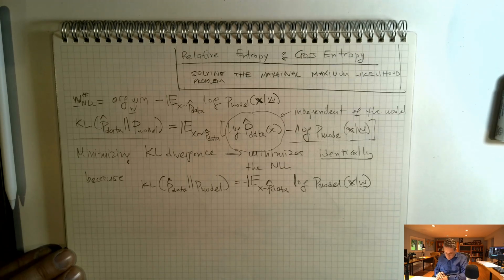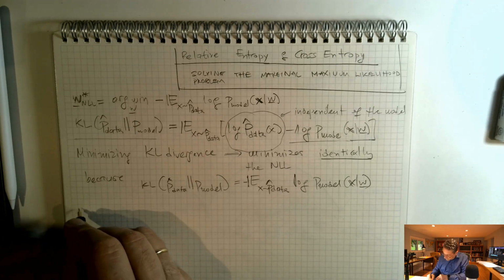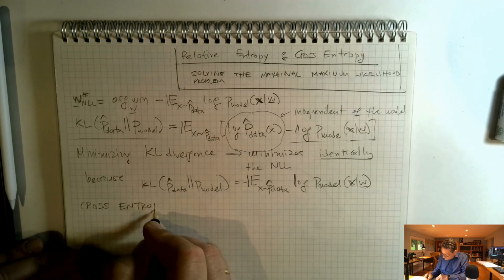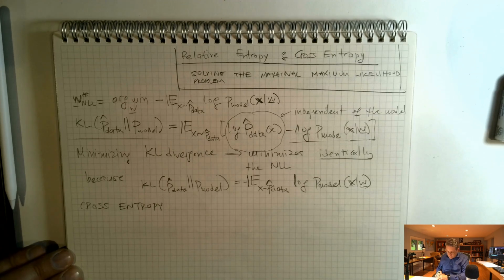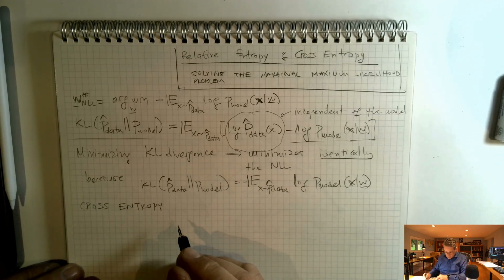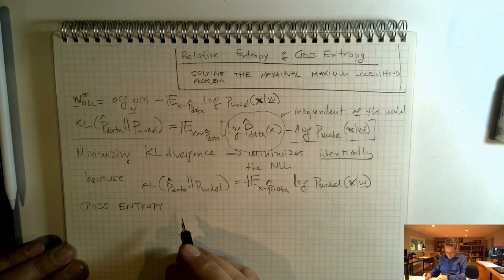And now what we need to do is to introduce a new definition that we call cross entropy. And this cross entropy is going to be ultimately connected to the KL divergence or relative entropy by definition, and without making any assumptions, and therefore it will be ultimately connected to the problem of minimizing the negative log likelihood function.